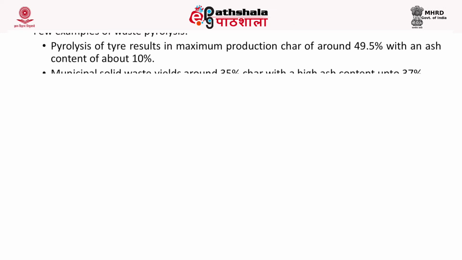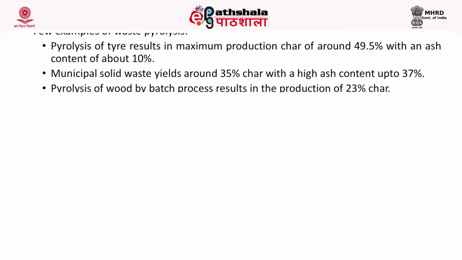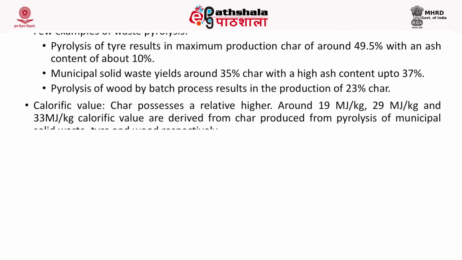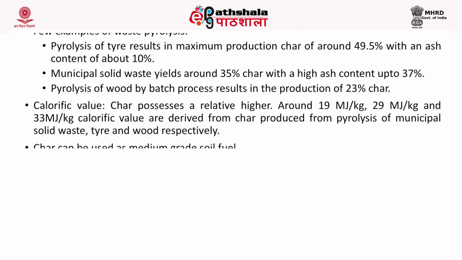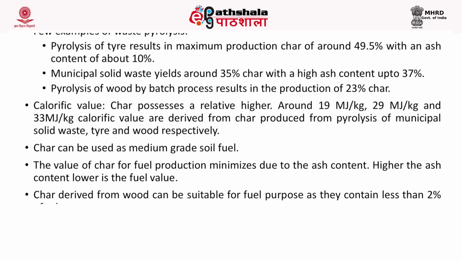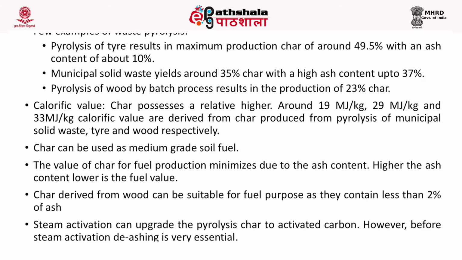Now, a few examples of waste pyrolysis: pyrolysis of tyre results in maximum production of char of around 49.5% with an ash content of about 10%. Likewise, municipal solid waste yields 35% char and an ash of 37%, which is relatively high.